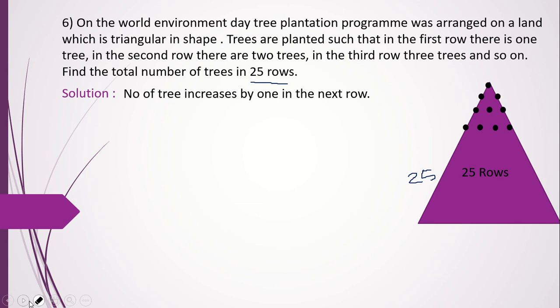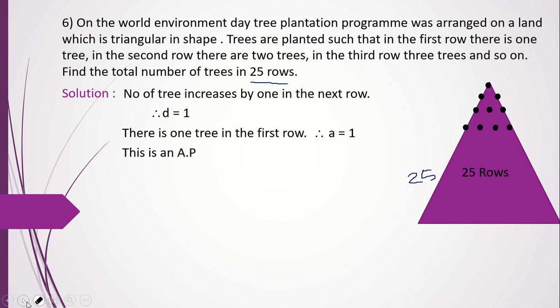The number of trees increases by 1, so the difference is 1. There is one tree in the first row, that means a is 1. This is an AP since the difference is constant. There are 25 rows, so n is 25.